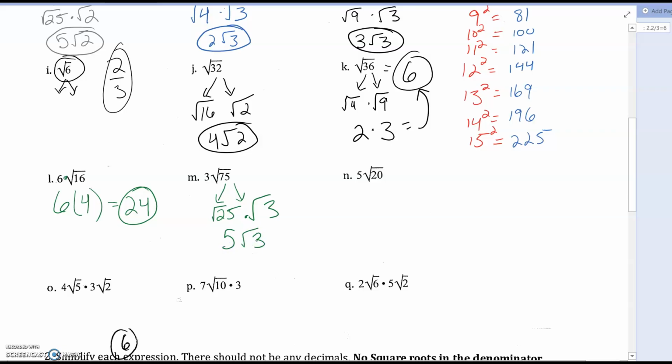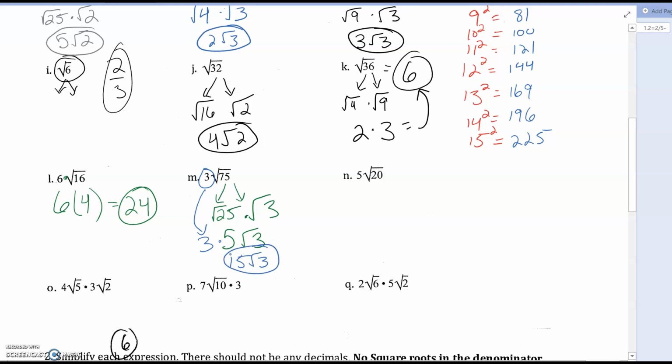But now I still have this guy that I'm multiplying. So just like this came outside, I always say outside times outside, inside with inside. All right, so since the 3 and the 5 are outside of the square root, I can multiply the 3 times the 5 to get 15 square root of 3 for my final answer.